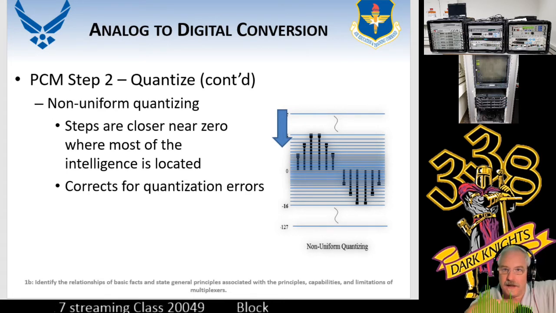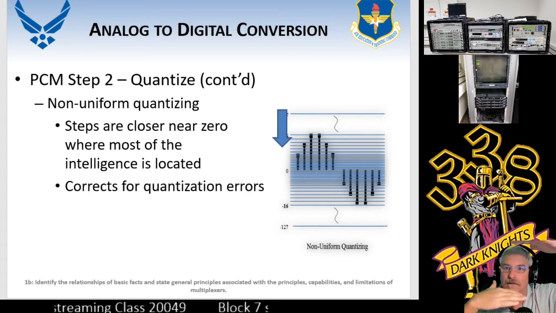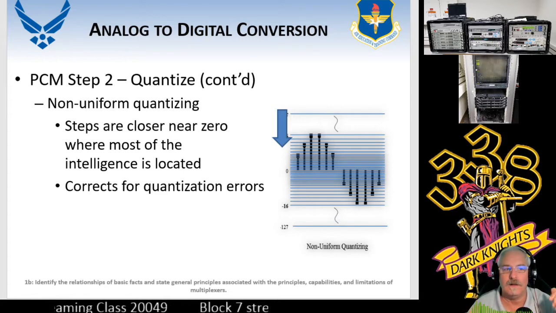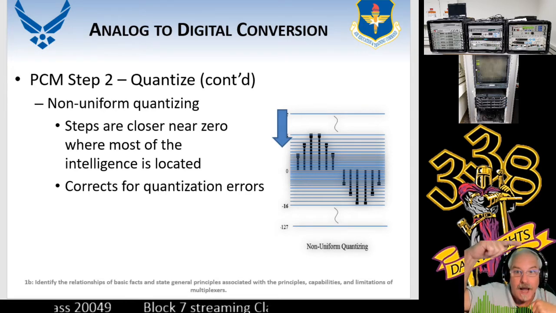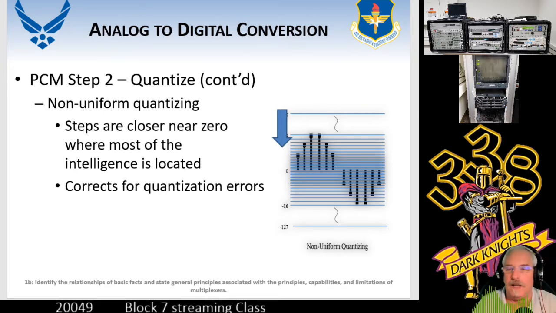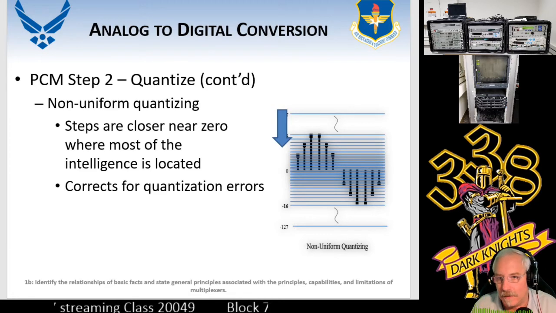Okay, so he still has the same height from 0 to 4,000. We're just going to have some issues where you've got a voice that's really high or really low. Yeah, you're probably going to have some quantization errors on the non-uniform. You're not going to have as many for a normal voice, where most people are.